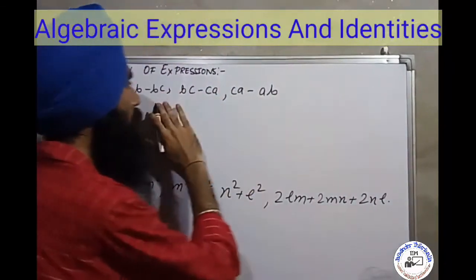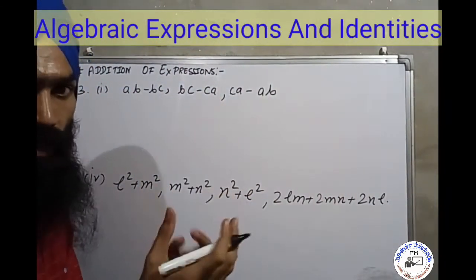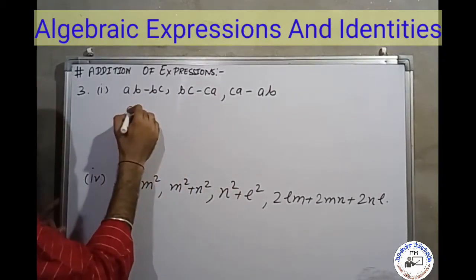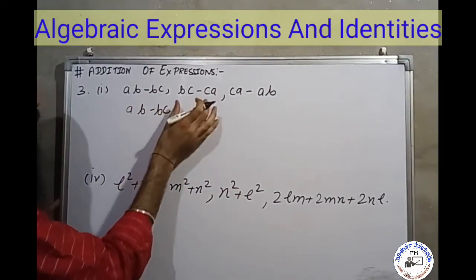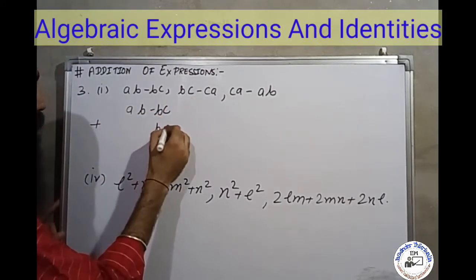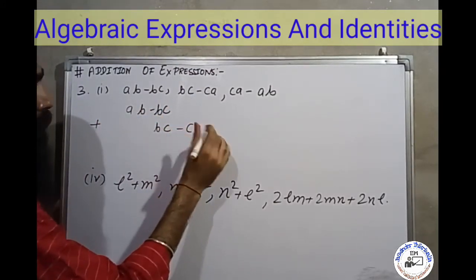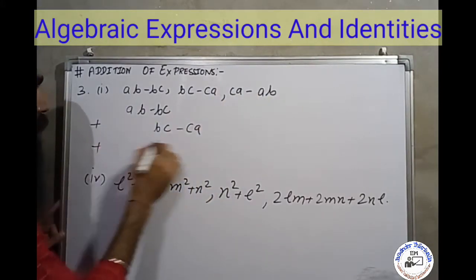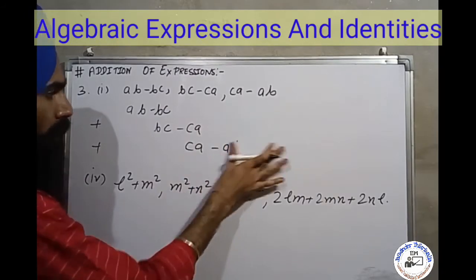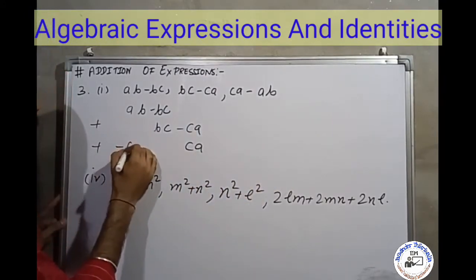In this you have to take care that a variable should be under the same type of variable. Like we are writing here AB minus BC. Now you want to add this term, so you have to take care that BC comes under BC only, minus CA. Then the third term, how you can write it: CA minus AB. This minus AB should be under minus AB only.